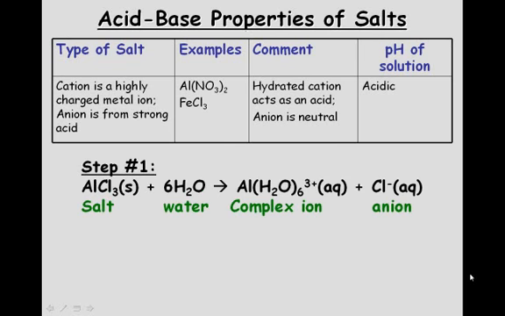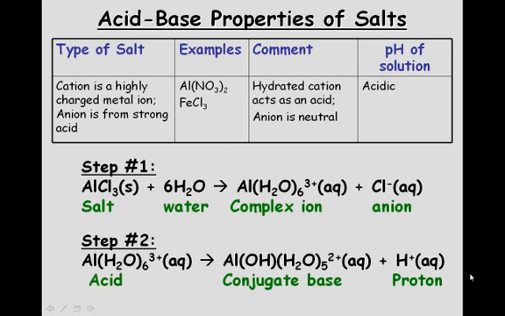So here's an example. This is aluminum chloride, and it goes into solution, interacts with water. The aluminum actually will complex with the water, and you'll get that complex ion that you see on the screen with the +3 charge, and then chloride ion produced.